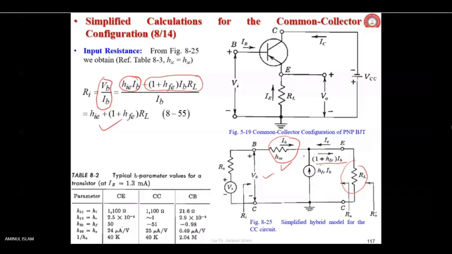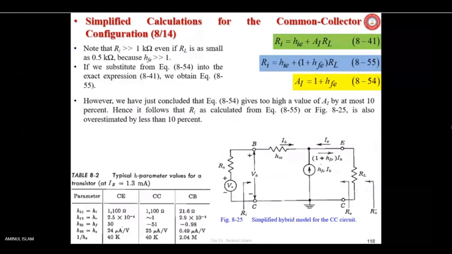Notice that Ri is much greater than 1 kilo ohm, even if RL is as small as 0.5 kilo ohm, because HFE is much greater than 1. HFE is, say, 50, which is much greater than 1. Okay.